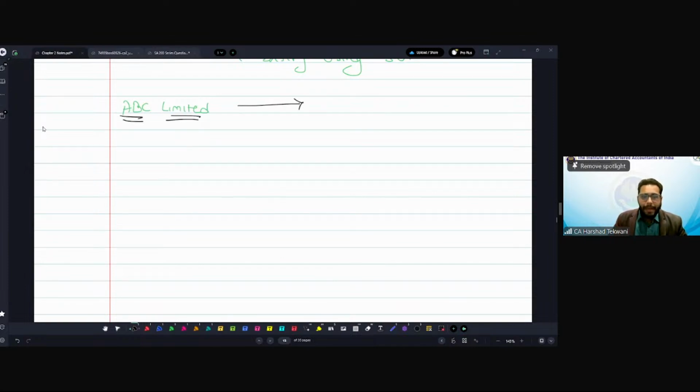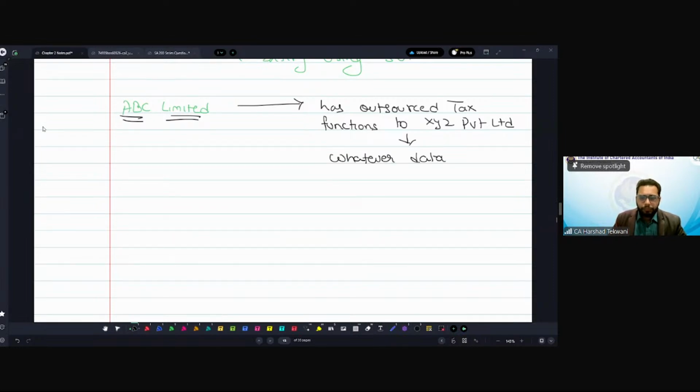So ABC Limited has outsourced tax functions to XYZ Private Limited. Or rather than tax, I will just change it: payroll calculation. Let's say payroll calculation.